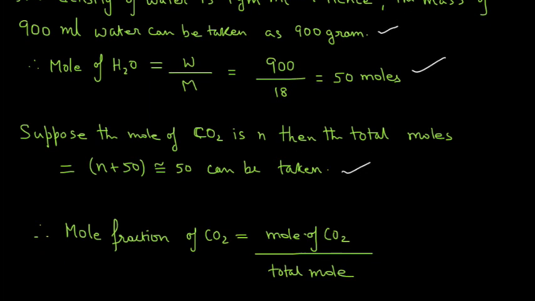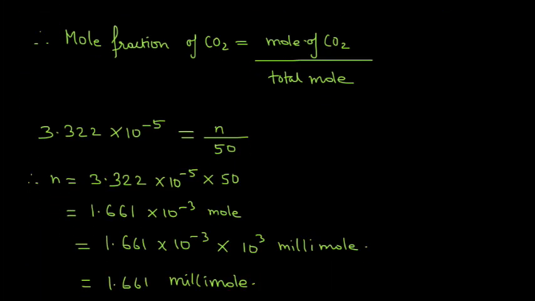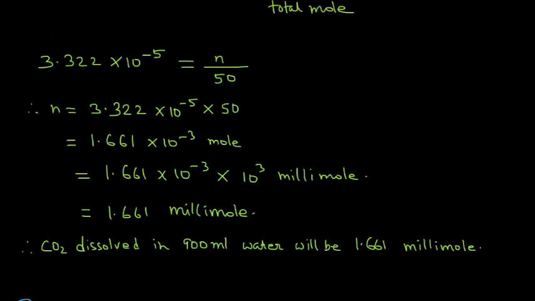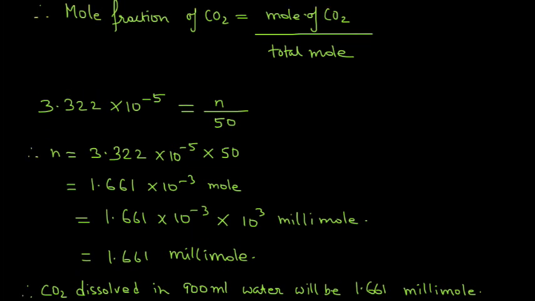So mole fraction of CO2 is mole of CO2 upon total moles. We have found the mole fraction of CO2 before, which is 3.322 multiplied by 10 to the power minus 5. Moles of carbon dioxide is equal to N, and total mole is equal to 50.